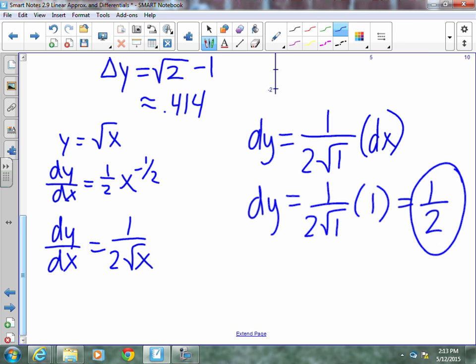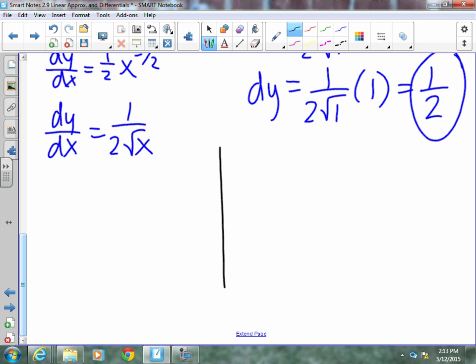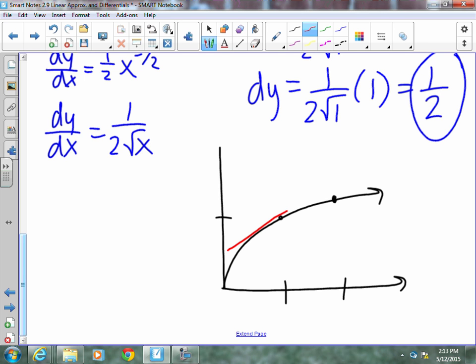Now picture-wise, here's what this means. We've got this function, change in x, let's say this is 1, and then 2 would be over here, and our differential, that's not a good tangent line, let me try again, our tangent line.